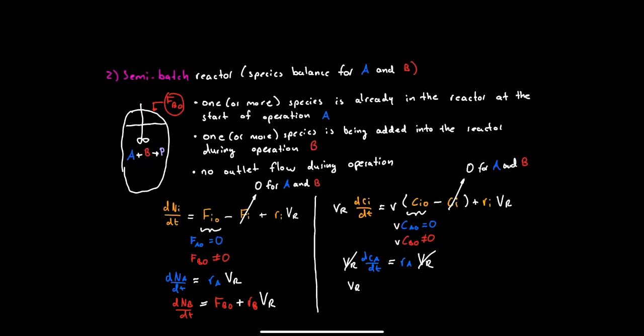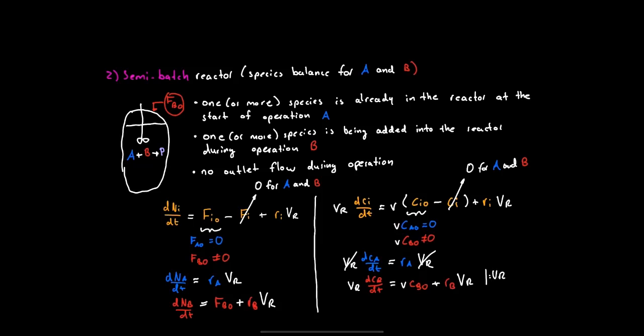However, for the species B, Vr dCB/dt would be equal to the volumetric flow rate times the concentration of species B at the inlet plus the reaction rate of the species B times the reactor volume.